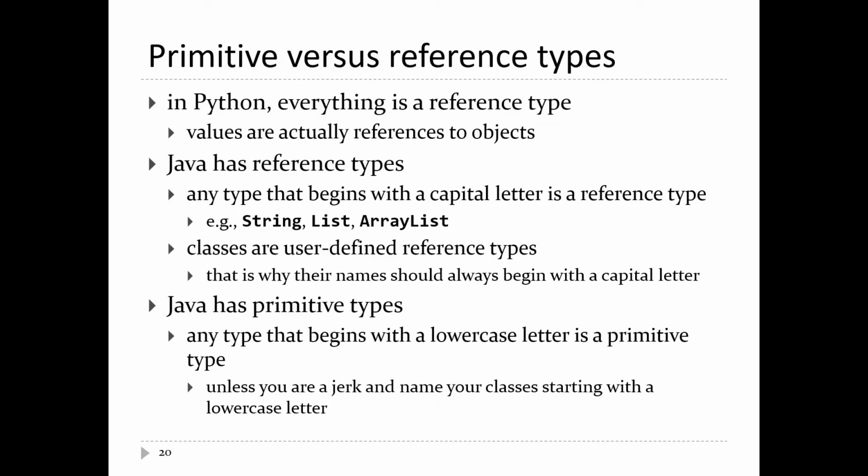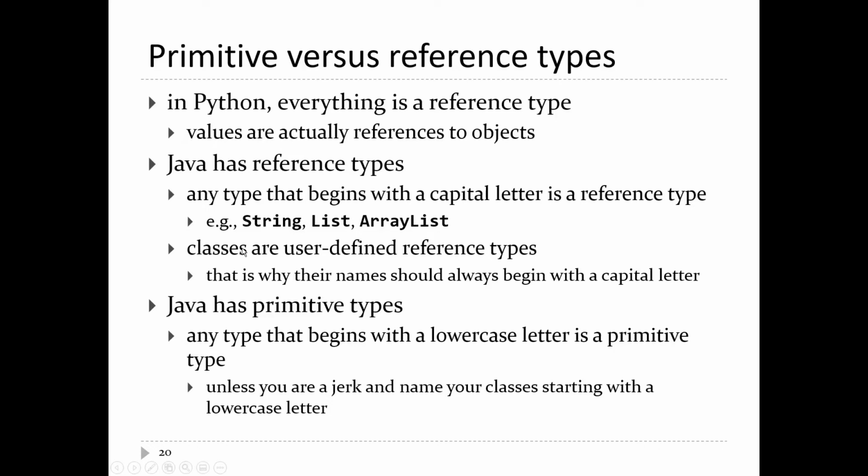Anything that begins with a capital letter, a Java programmer will assume is a reference type. So big S String, that's a reference type. Big L List is a reference type. Big A ArrayList is a reference type. Now remember earlier I told you that classes should always be named with an uppercase letter.